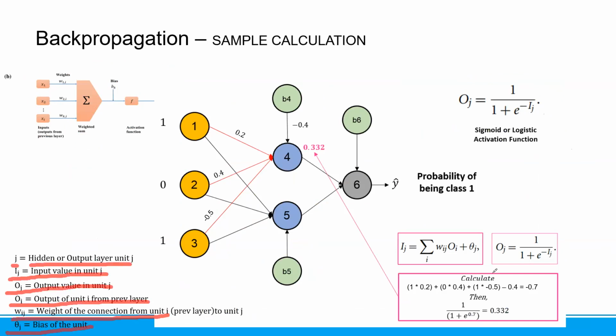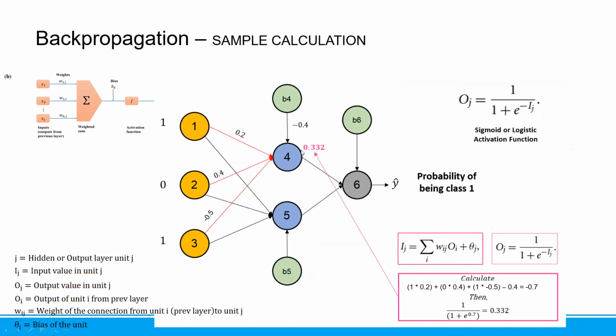So I can do the weighted sum, because every weight will be multiplied with the O, and we do the summation and plus the bias. And then we have this sigmoid function.